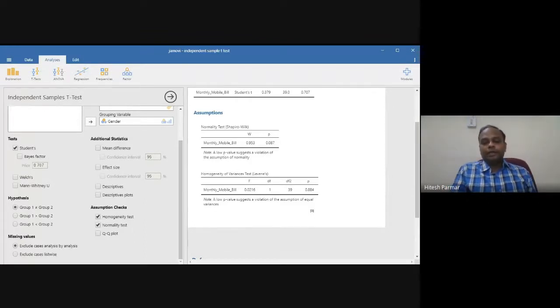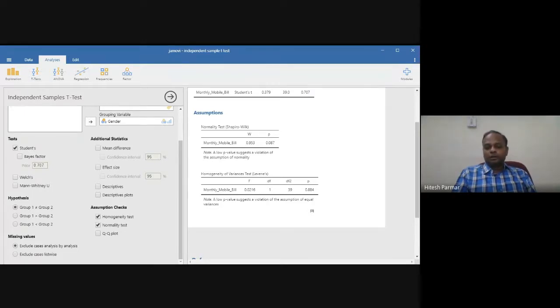Assumption of normality, how to check? Just look at the p-value. The p-value should be greater than 0.05. If it is greater than 0.05, you can confirm that the data are normally distributed. Should we move ahead, everyone?